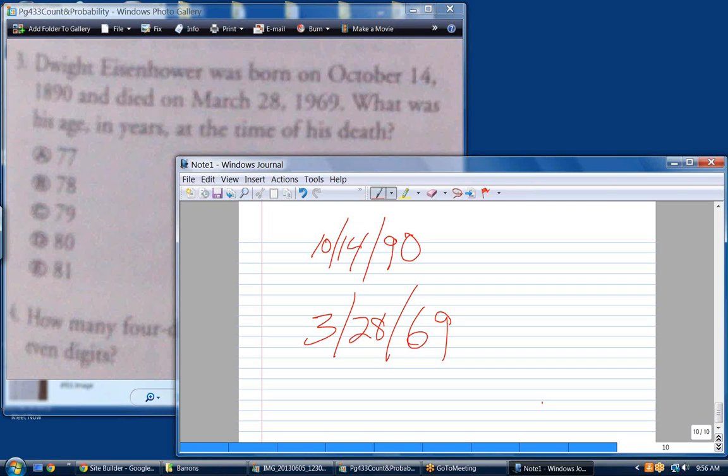Oh, gosh. When I looked at this, I said they're going to ask us how many days are in between those two dates. That's a fairly difficult problem, but very doable. But it's not even that hard. How old was he when he died? 79?